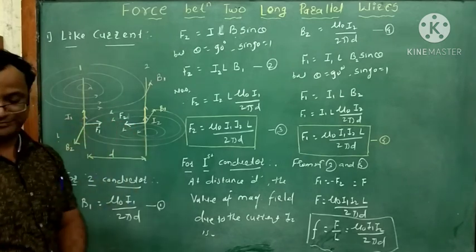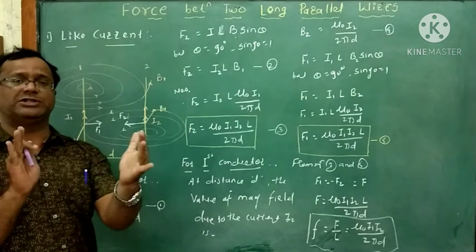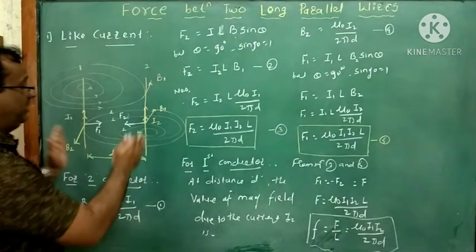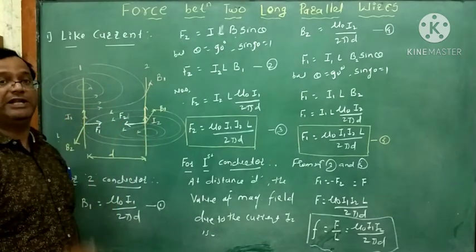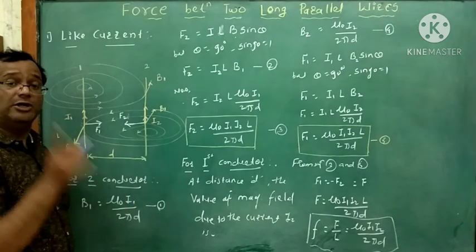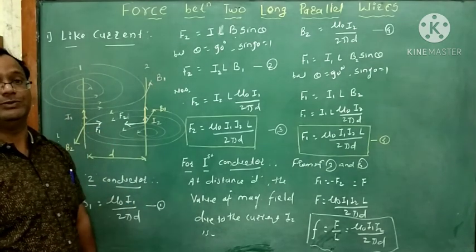And we know that any bodies which move towards each other, it is possible only when the nature of force is attractive. It means that when like current flows, at that time the nature of force is attractive.